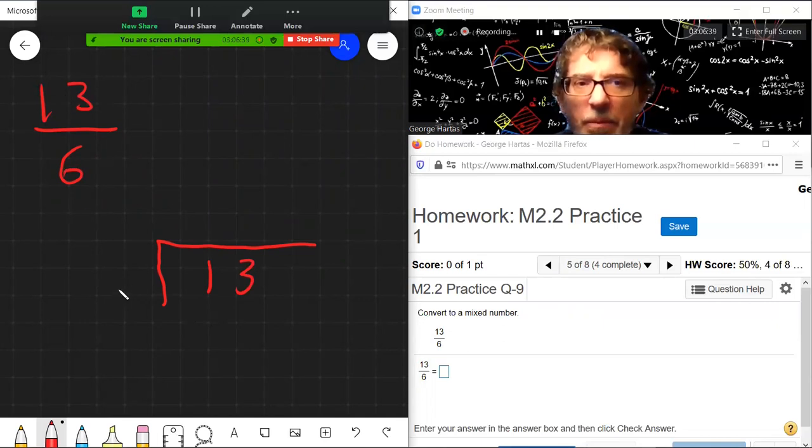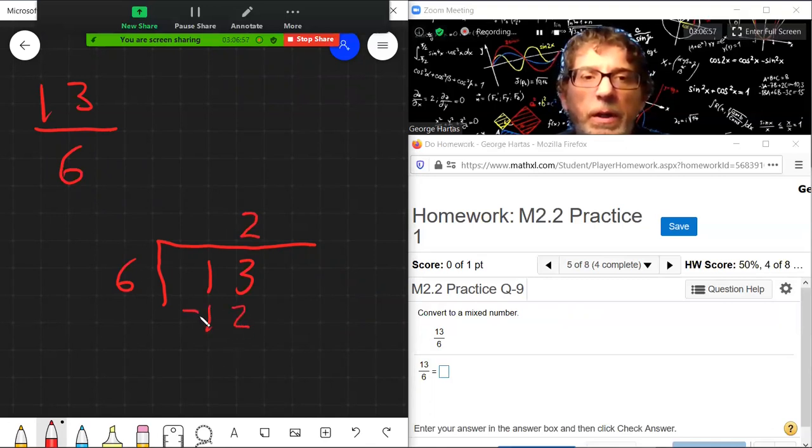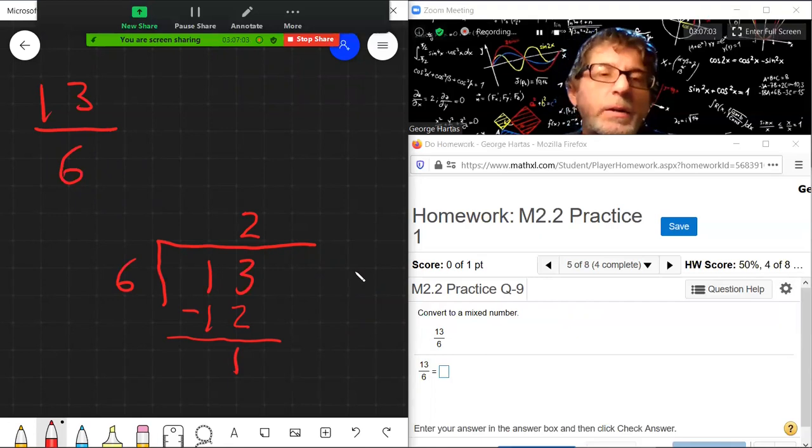The bottom number goes outside of the division box because it's the divisor. So now we're going to divide. 6 divides into 13 2 times. 2 times 6 is 12. Subtract, remainder of 1. And we stop right there.